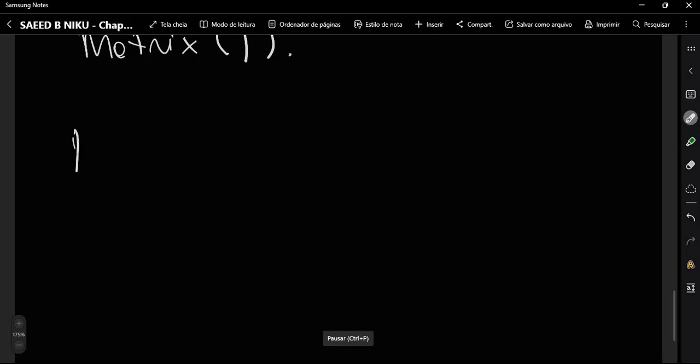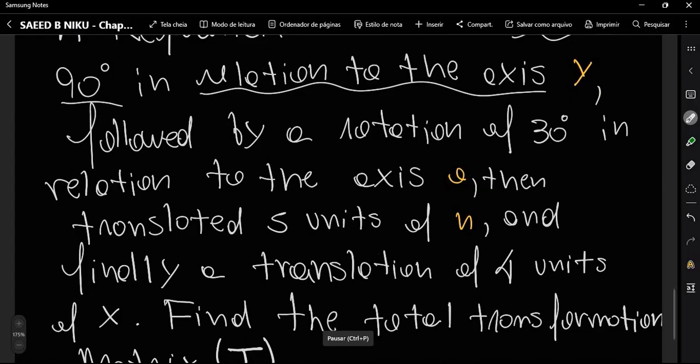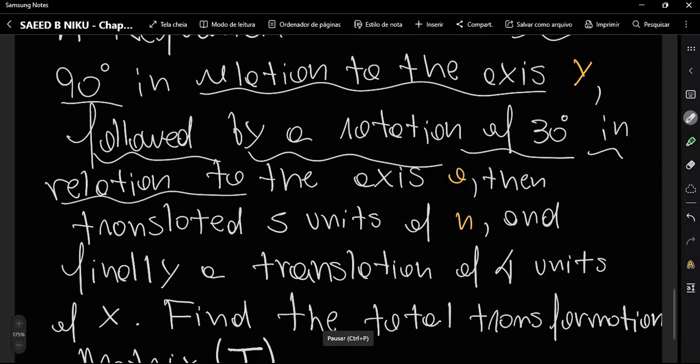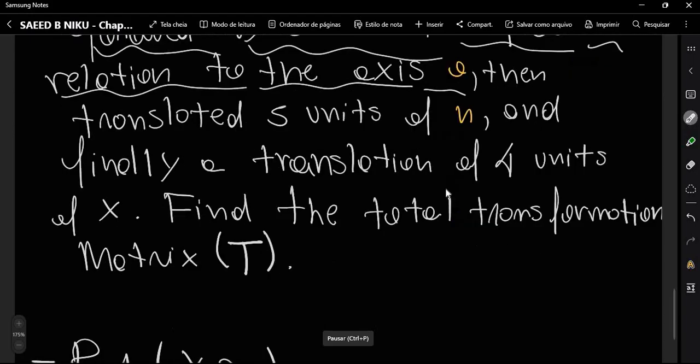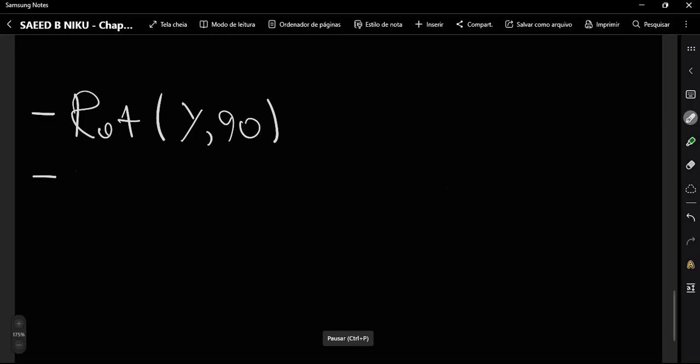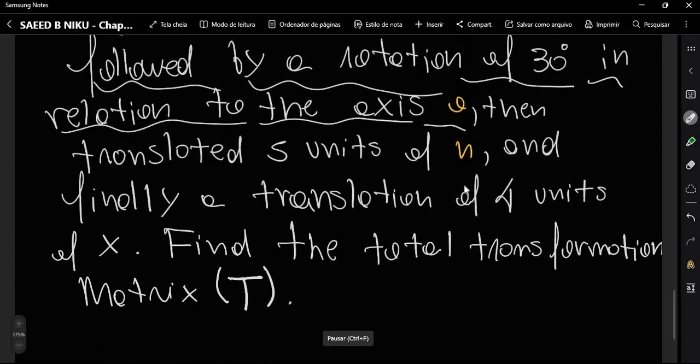So it's a rotation of 90 degrees around the axis y, followed by a rotation of 30 degrees in relation to the axis O. Then a translation.